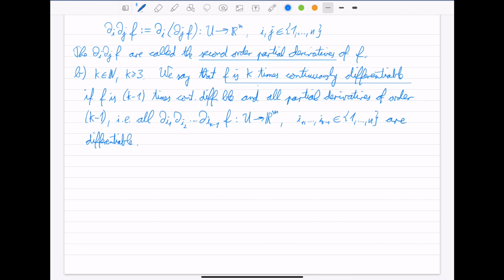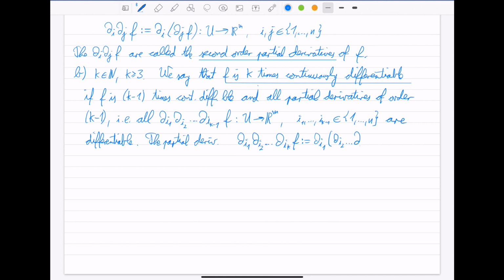Then, assuming we have k minus first order derivatives, then the partial derivatives which we get are of the form with one index more, so d_{i1}, d_{i2}, and so on, to d_{ik} f, which would then be defined as the partial derivative of the corresponding k minus first partial derivative. So written like this.